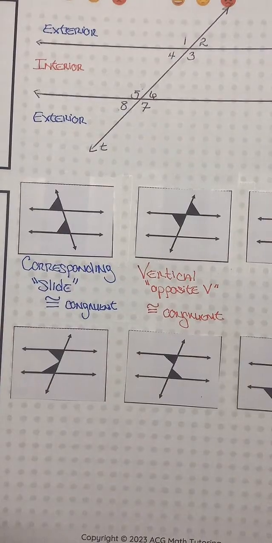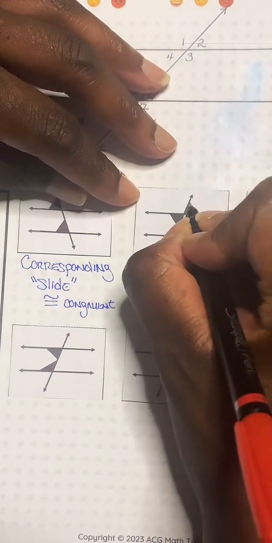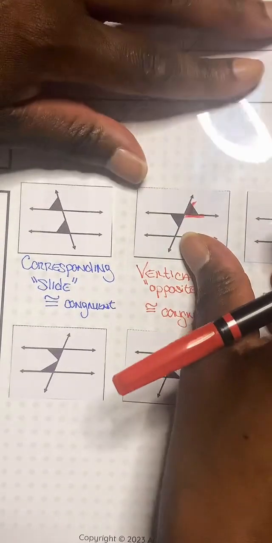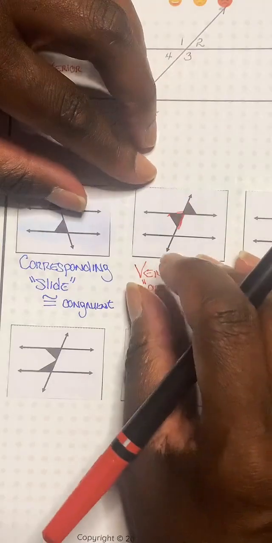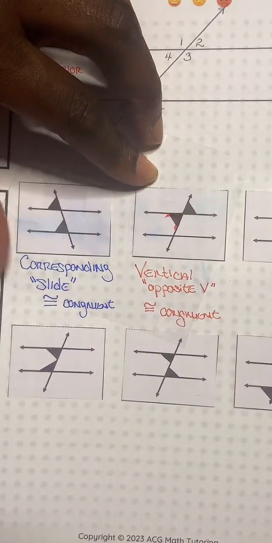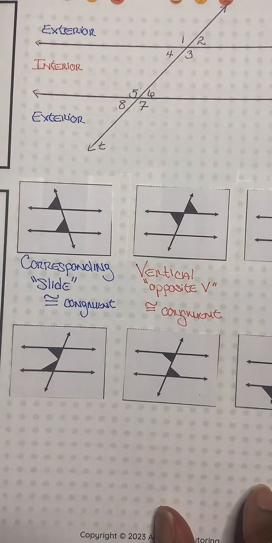Okay, same thing is happening with these. So if I copy this angle, if I flip it, it will match this bottom angle.